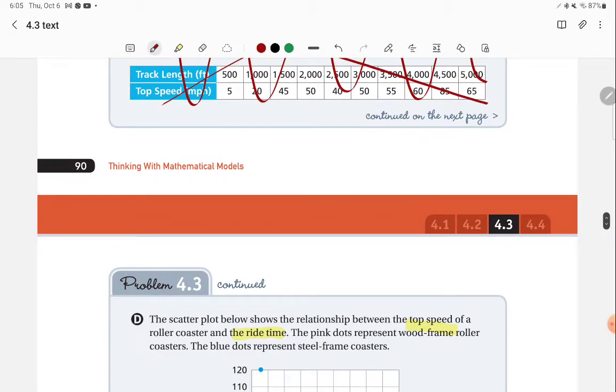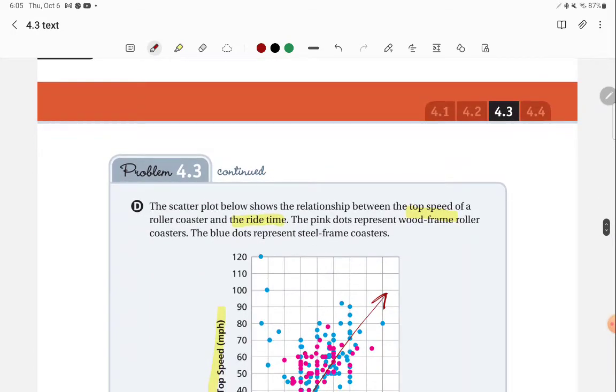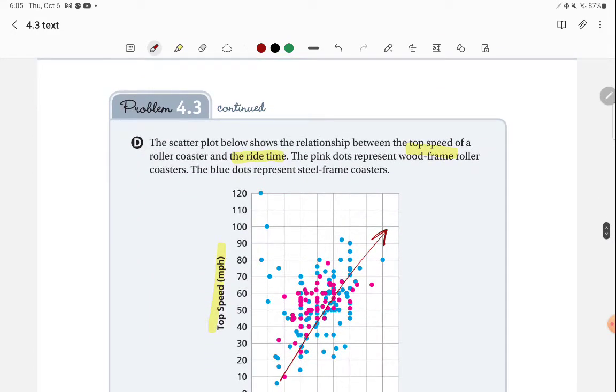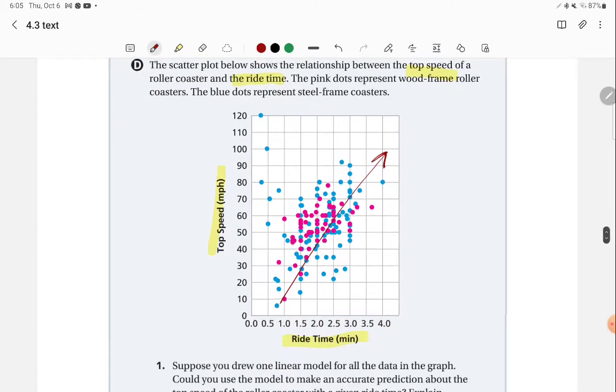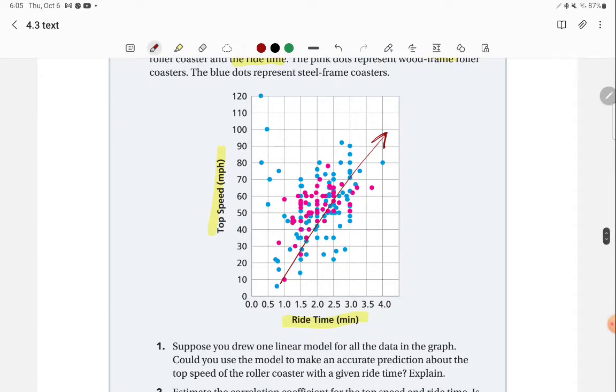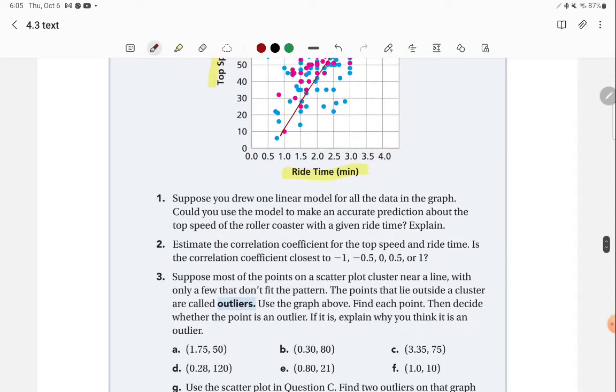So we could do a linear model, but it would be even less accurate than before. So a linear model would not be reliable, but if you're going to do a model, linear would be the best out of any other option that we have, because they're not inversely related either. So we're going to answer that question for number 1.